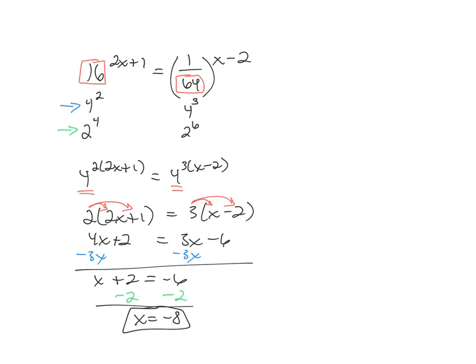But for numbers 13, 14, 15, 16, you'll have to change one of the numbers, and then the bases will be the same. But 17 and 18, and actually the first 2, won't involve fractions, but one of them involves 16 and 64. And then one of them involves 27 and 9, which you can both make 3 to the something power. Okay, so the last few are definitely hard, but it's only 8 problems.